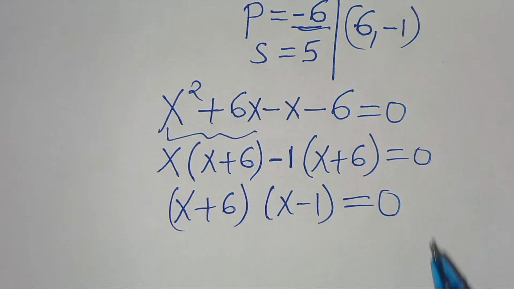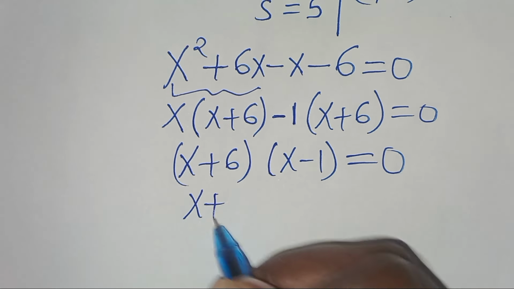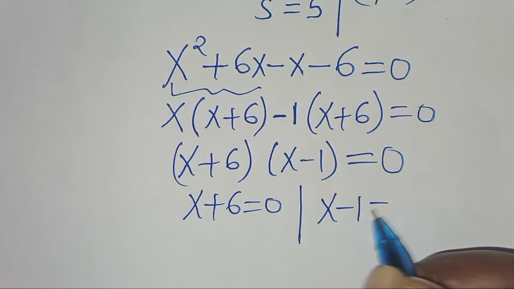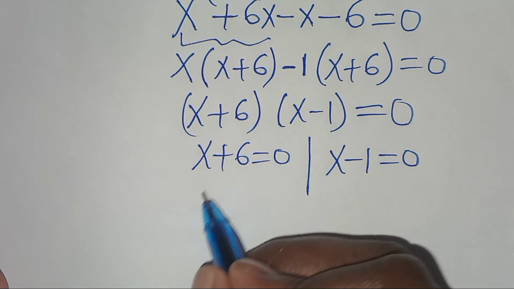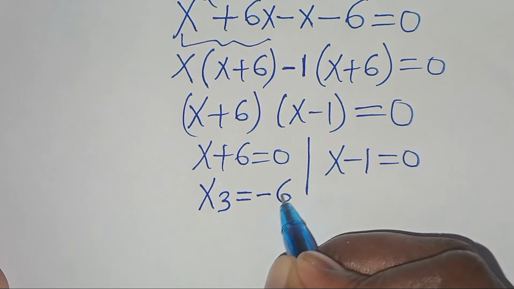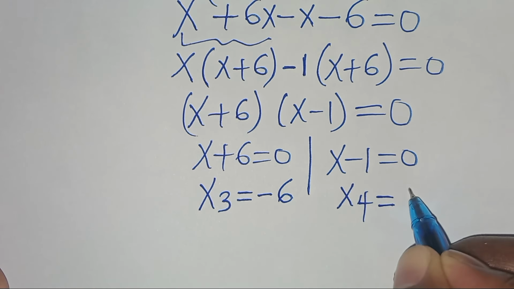This is equal to 0. So we have two parts here. We have x plus 6, this is equal to 0. And we have x minus 1, this is equal to 0. And this implies that here we have x3, this is equal to minus 6. And here we have x4 is equal to 1.